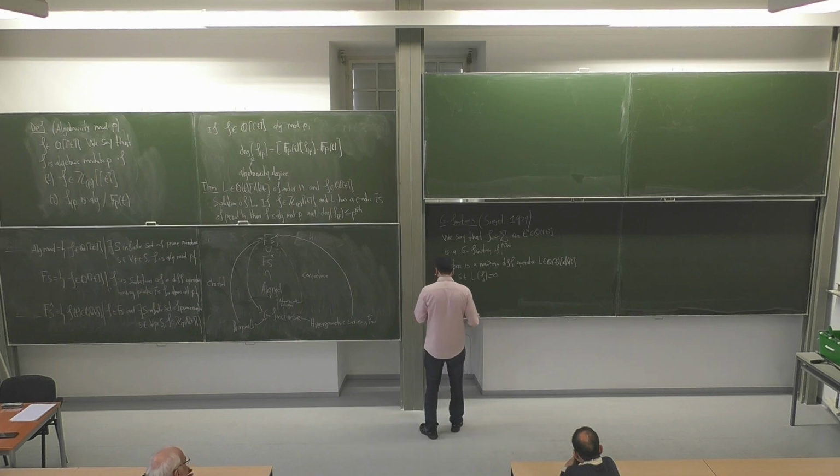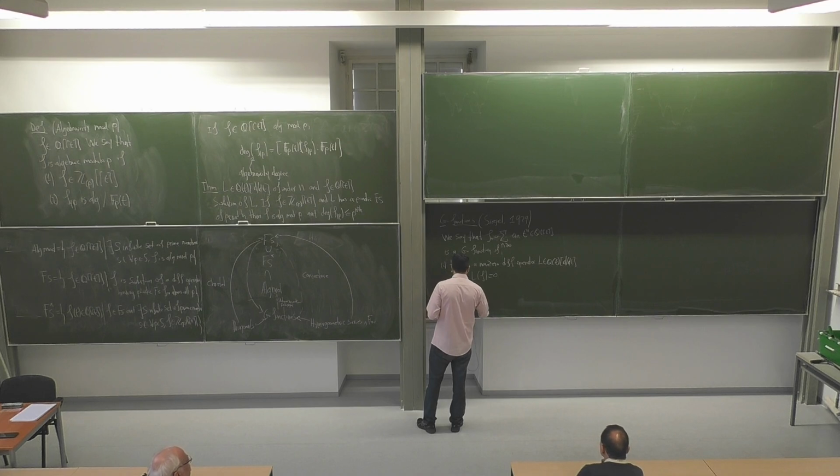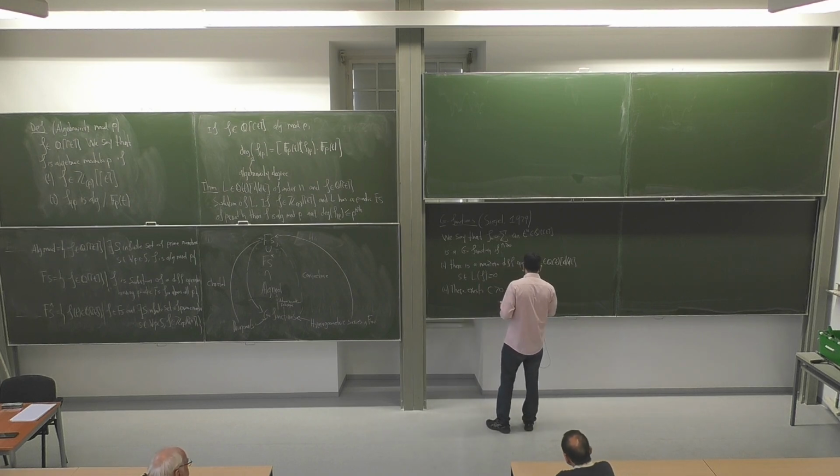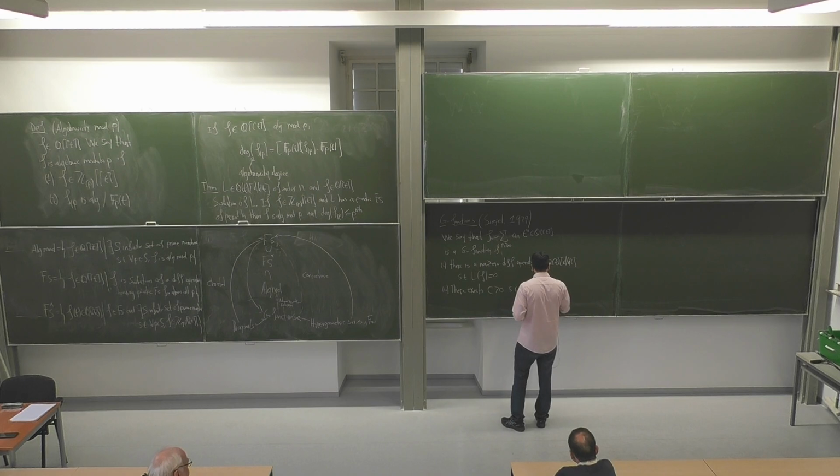The second one is that there is a constant C bigger than 0, so that the absolute value of a_n is less than C to the power 2n plus 1 for all n. Okay?